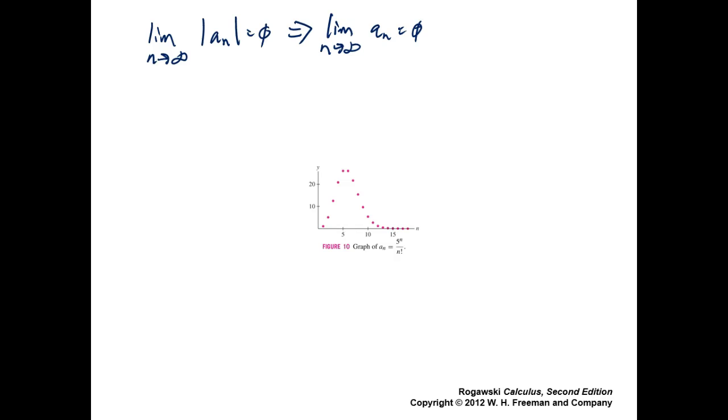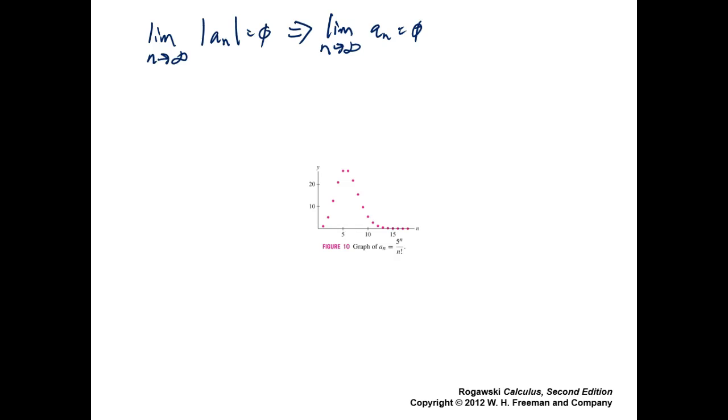And if that is converging to 0, then a sub n itself has to be converging, because for everyone that's above, this is above, and for everyone that's below, this is below. If n is greater than the previous one, it's closer to 0, so a sub n also has to be approaching 0. That's sort of the arm waving version of it.